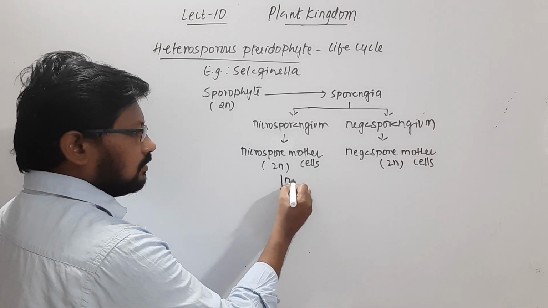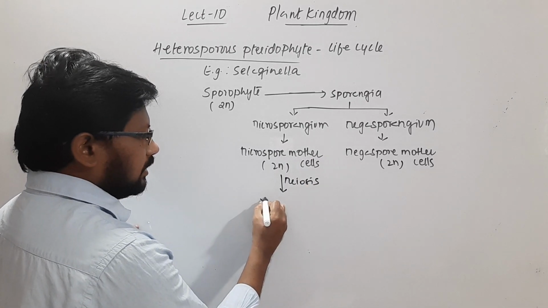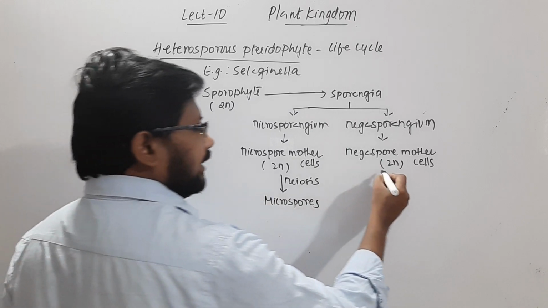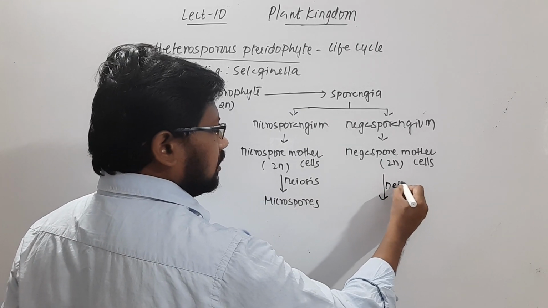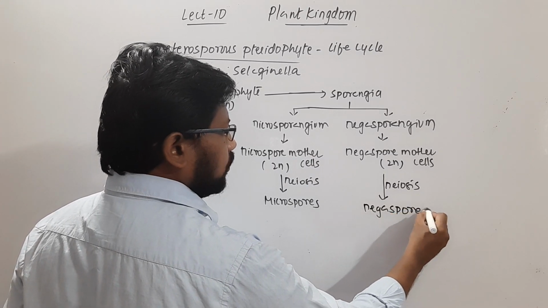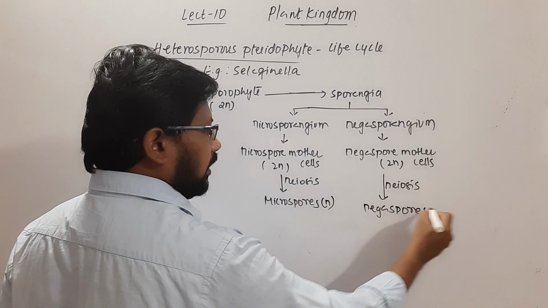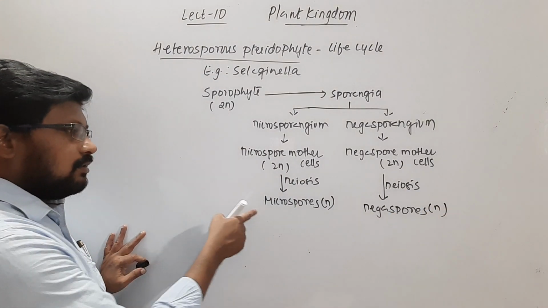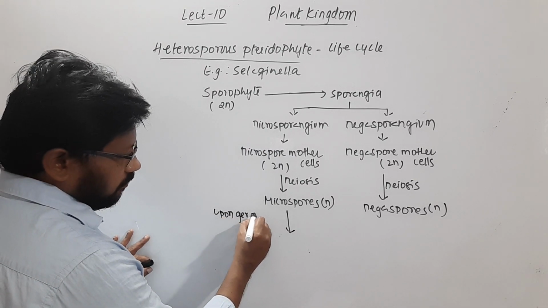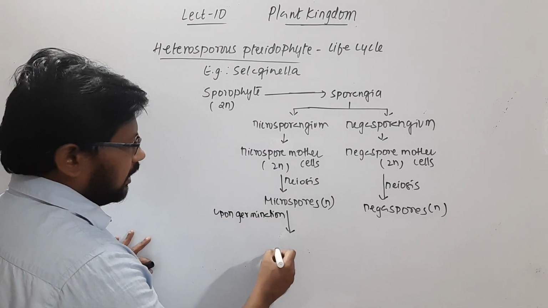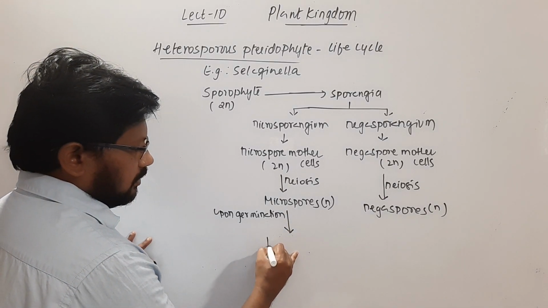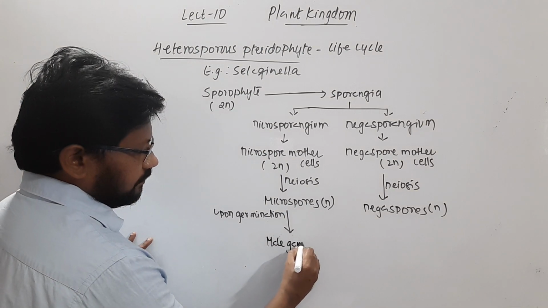Now these undergo meiosis and produce microspores, and the megaspore mother cells will undergo meiosis and produce megaspores. These are haploid. The microspores, upon germination, produce the male gametophytes.